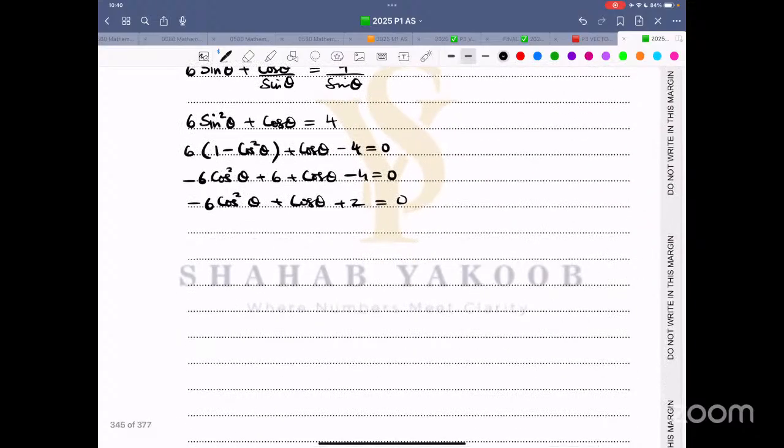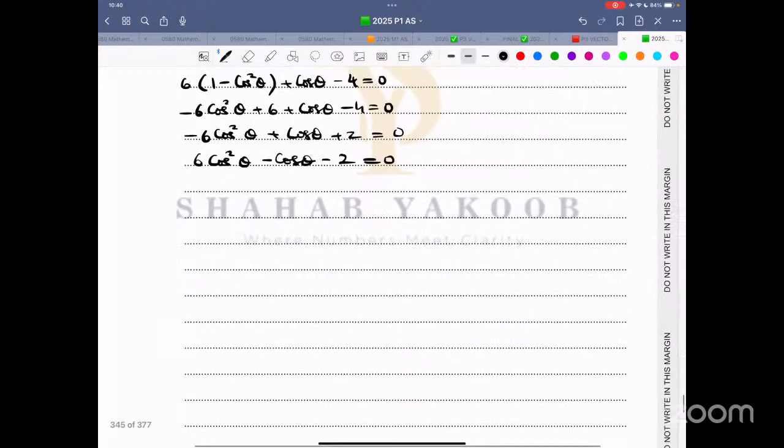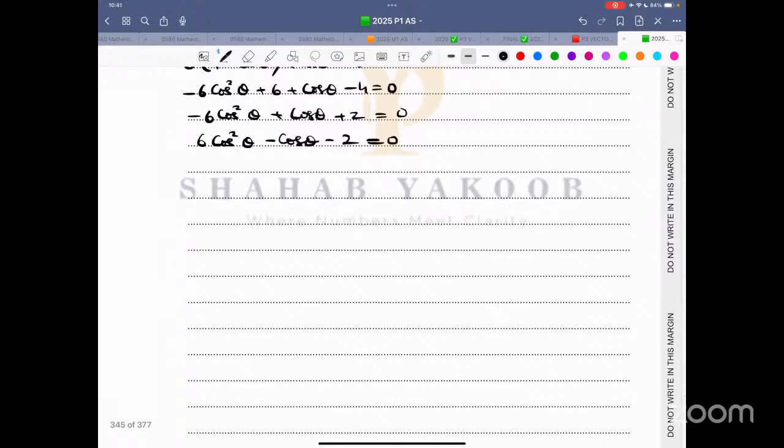Get rid of the negative sign. 6 cos square theta minus cos theta minus 2 equals 0. Now it's about middle term factorization. So now over here, middle term, let's break it down.